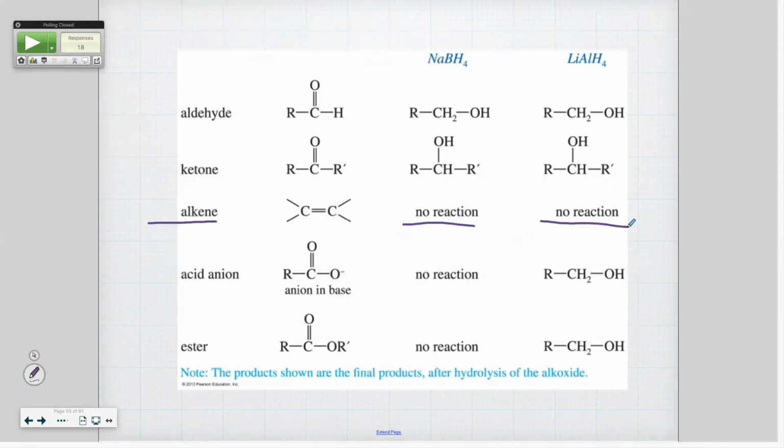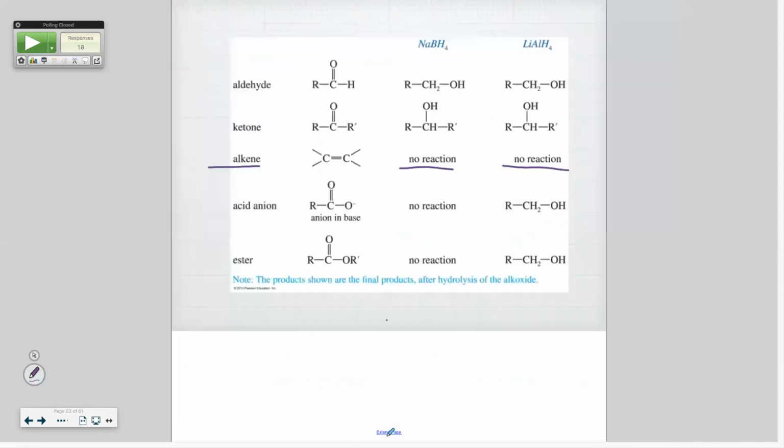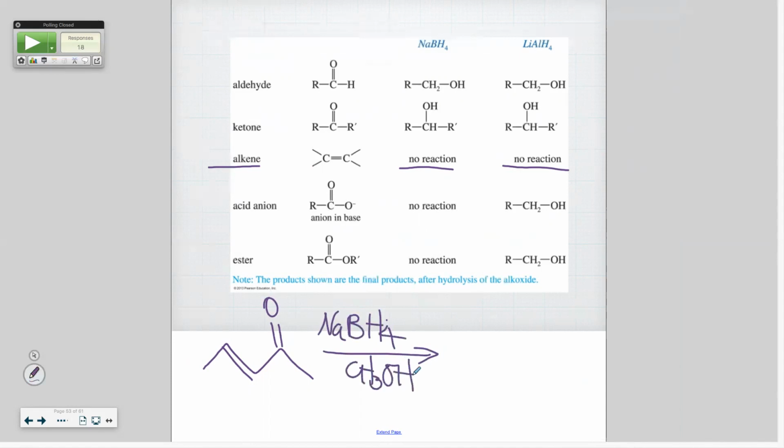Okay, here, I'll do this. If you had this compound, what would you get? You have this compound and you add sodium borohydride and methanol.